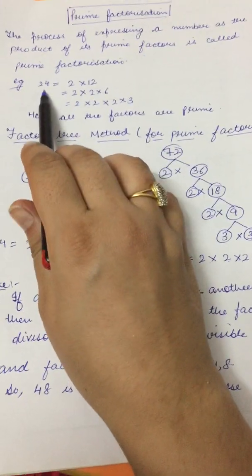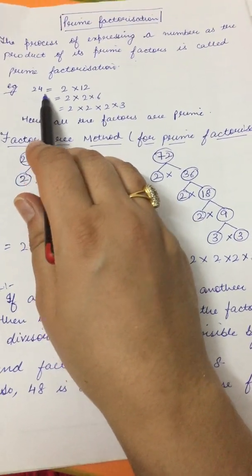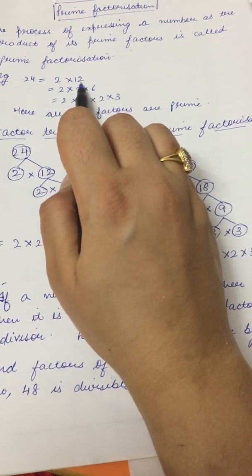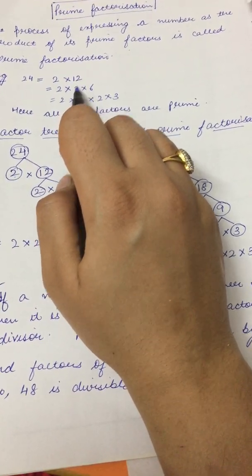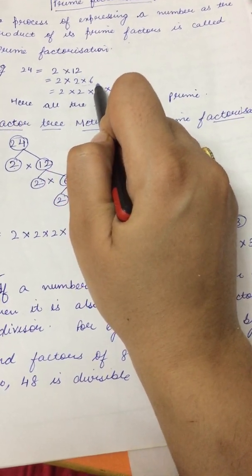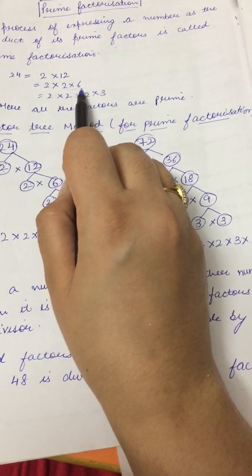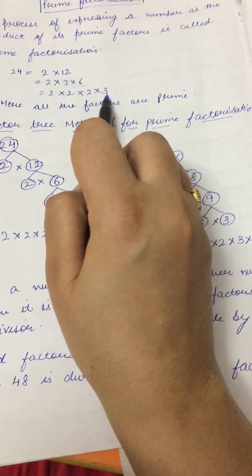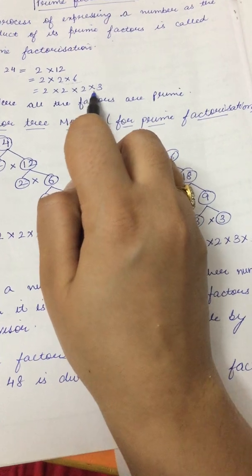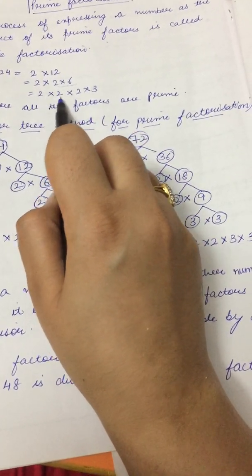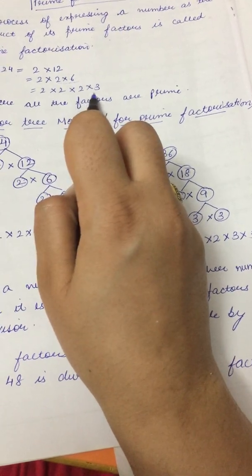For example, if I have 24, now 24 can be written as 2 into 12. Now 12 can further be split up like this, 2 into 6. So in place of this 12 I am writing 2 into 6. Now this 6 can also be written like this, 2 into 3. It means now further this 3 and 2 cannot be split, and 2 and 3 both are prime numbers.